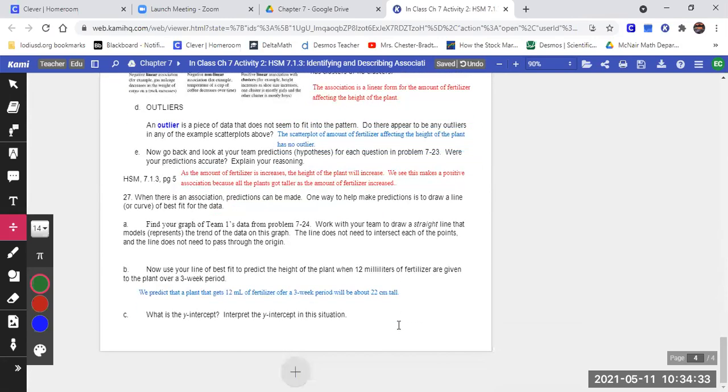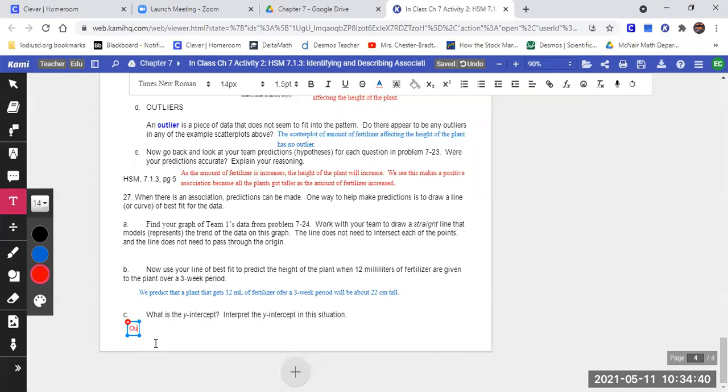Okay. So our y-intercept is 0, 12. It tells us how much fertilizer we have.